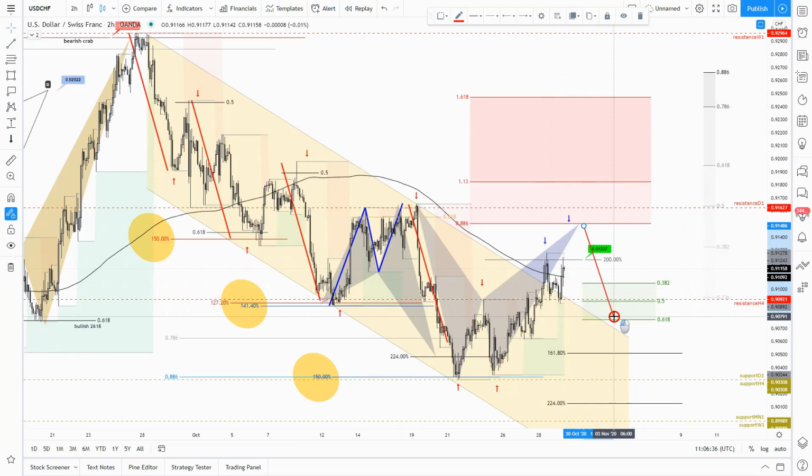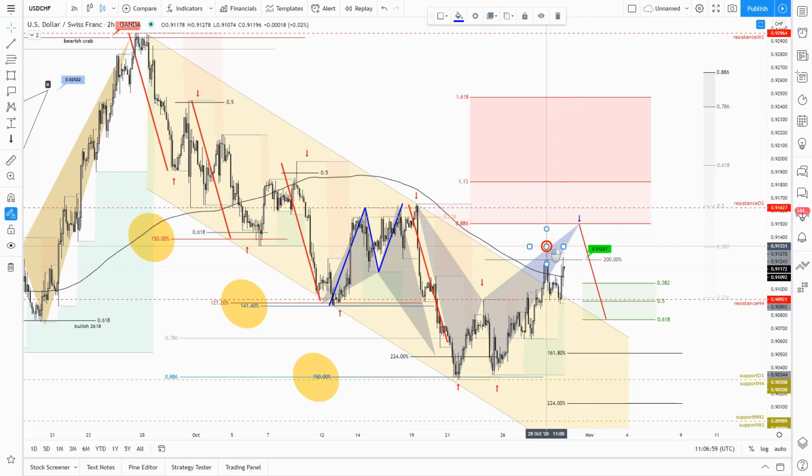We need to see that bearish bat pattern trading the golden Fibonacci, which is the default second target for the pattern. If the market decides to retrace to that Fibonacci level, that will confirm this high as a false breakout above this one.